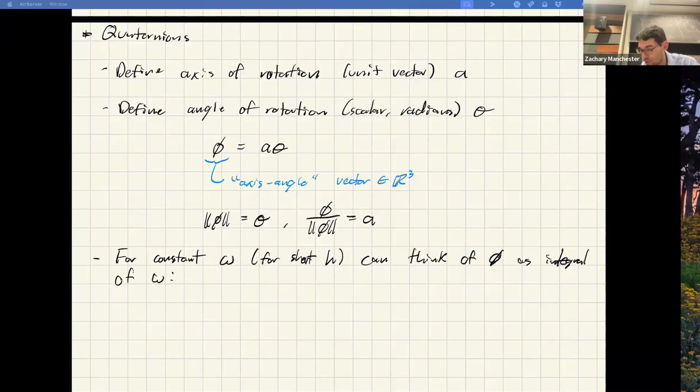This is true for short time scales and small angles. Over a little time step, if I just integrate omega of t dt, that's basically what this thing is. In fact, this is one of the ways you integrate a gyro in practice. This, though, is not true in general.